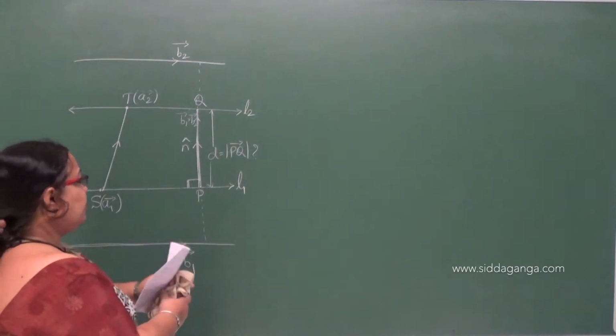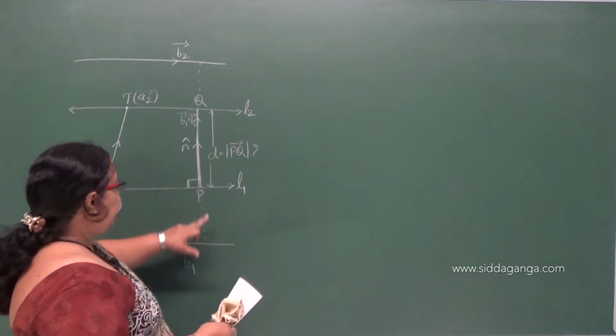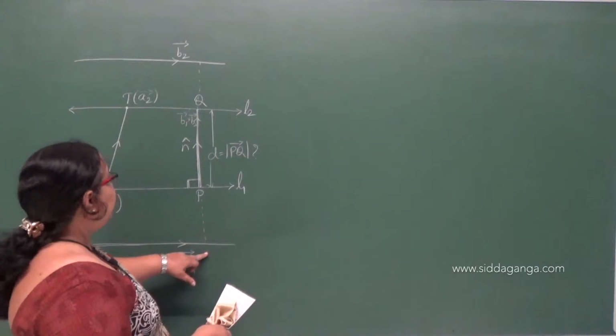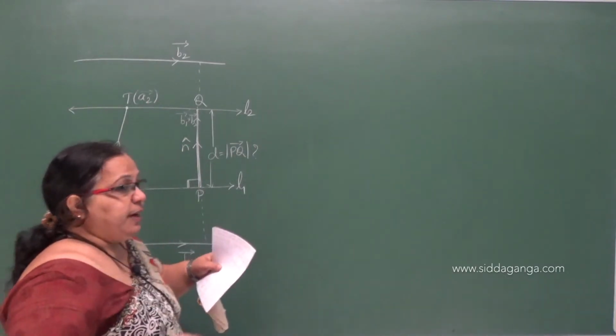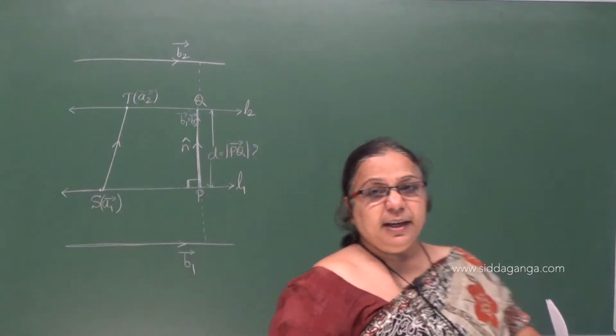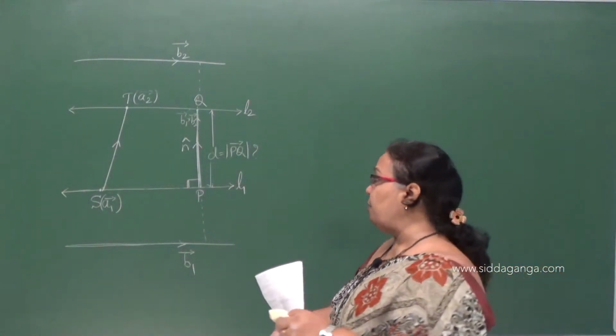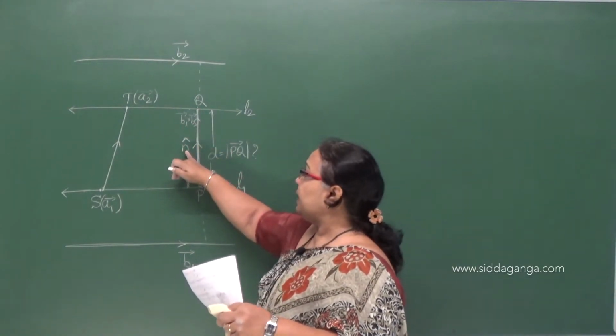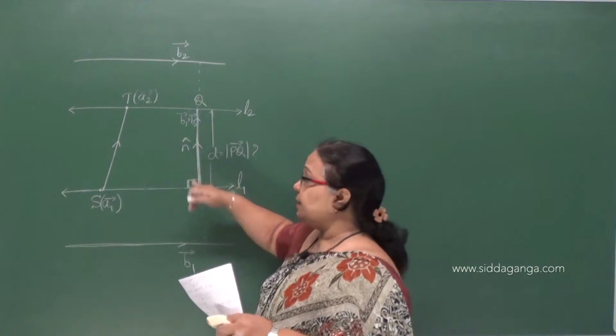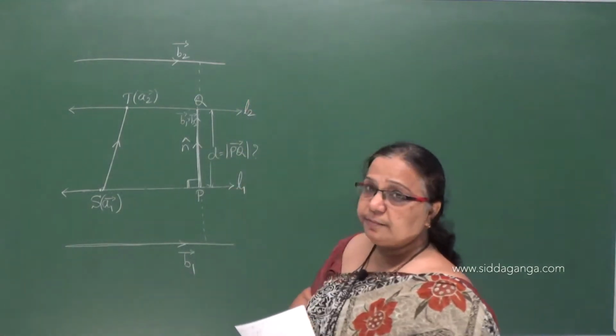So because this line is perpendicular to both B1 vector and B2 vector, B1 vector ಮತ್ತೆ B2 vector ಗೆ perpendicular ಆಗಿರುವಂತ ವೆಕ್ಟರ್ ಯಾವುದು? B1 cross B2. You take n cap as the unit vector along its direction.